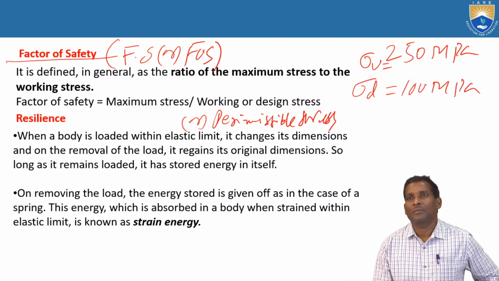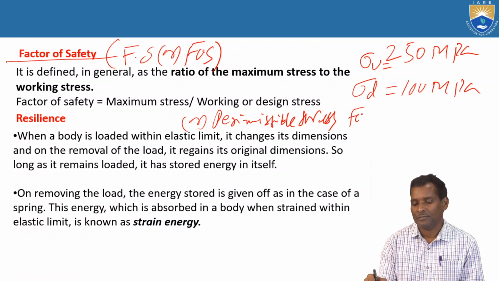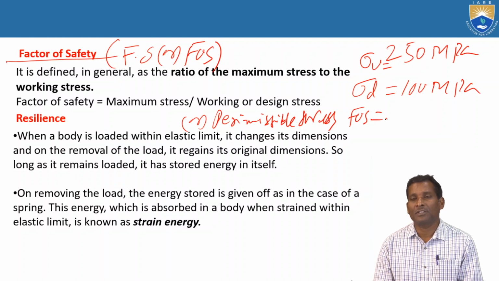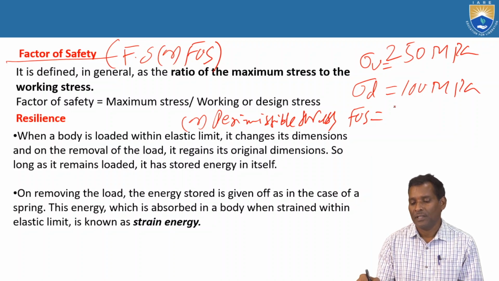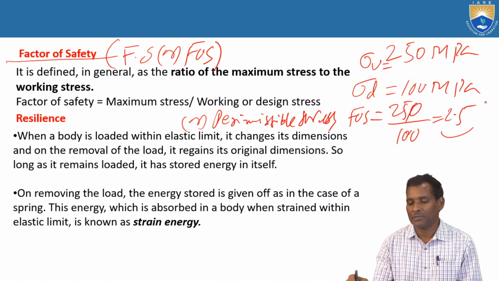Now calculate the factor of safety. Factor of safety is equal to the maximum stress, that is 250 upon 100, which is 2.5. So your factor of safety is 2.5.